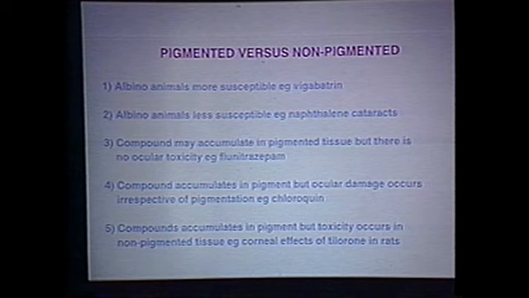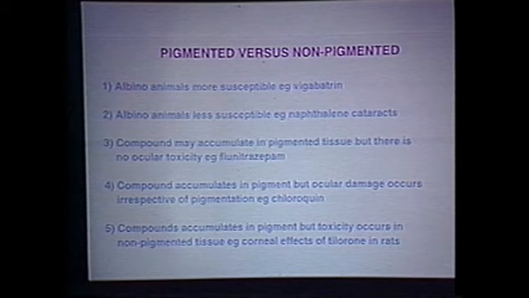The last one on this slide here, compounds may accumulate in pigment, but the toxicity happens to occur in non-pigmented tissue, and Tilorone in rats is an example there. Alternatively, the difference between a pigmented strain and a non-pigmented strain may be purely due to the fact that they happen to be different strains and have nothing to do with the pigmentation whatsoever.